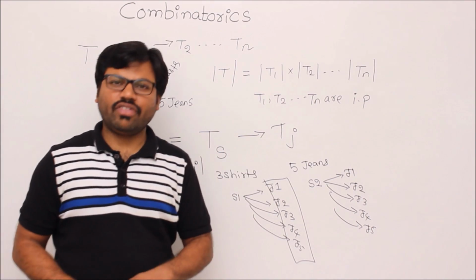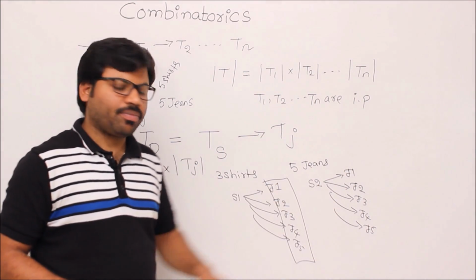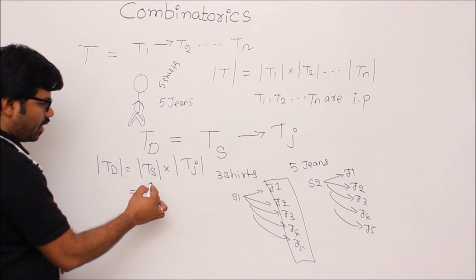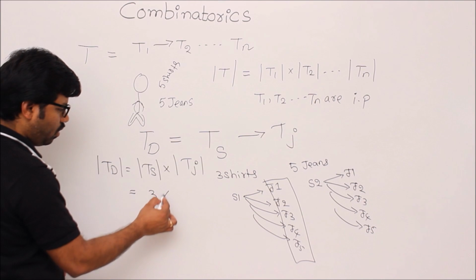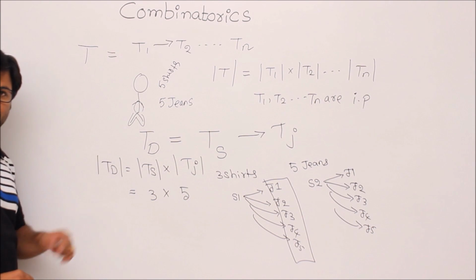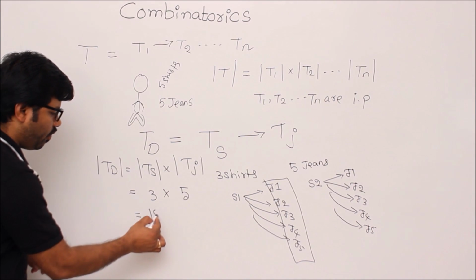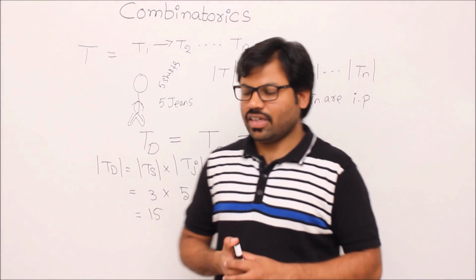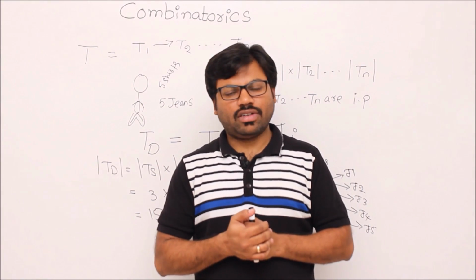Since wearing a shirt and wearing jeans here are independent, the total number of ways of wearing a shirt here is 3, times the total number of ways of wearing jeans here, since he has 5 jeans, 5. So 3 times 5 is 15. Correct? In that way, we can find out the total number of dresses possible.